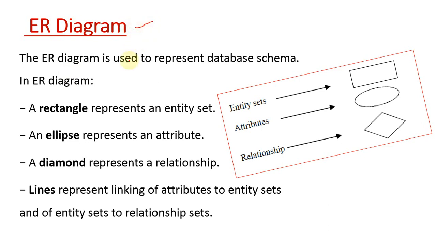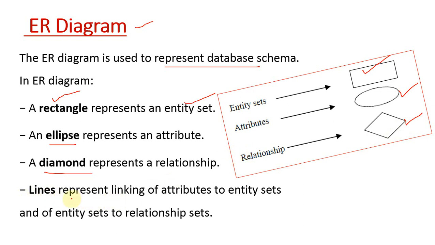Here in the ER diagram, we can use different symbols to represent things. The rectangle symbol represents an entity set. Similarly, the ellipse symbol represents an attribute, and the diamond or rhombus symbol represents the relationship.